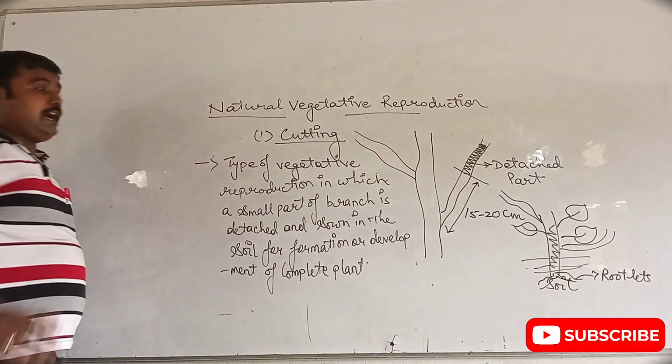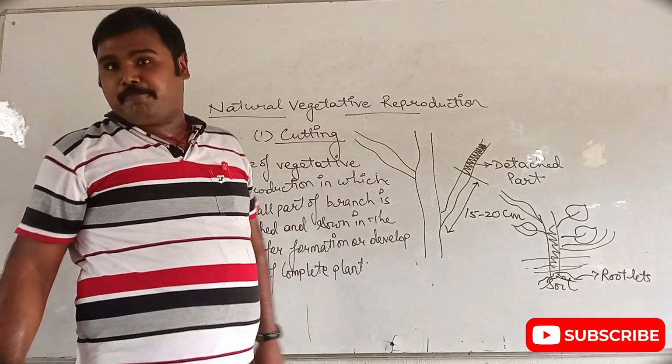So this was our first type of vegetative reproduction.